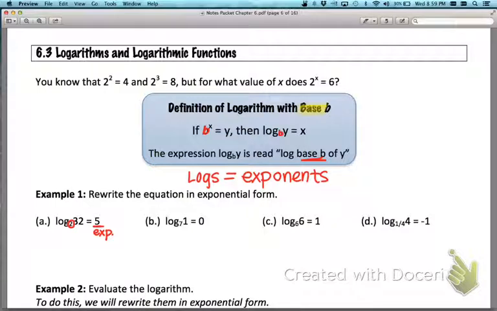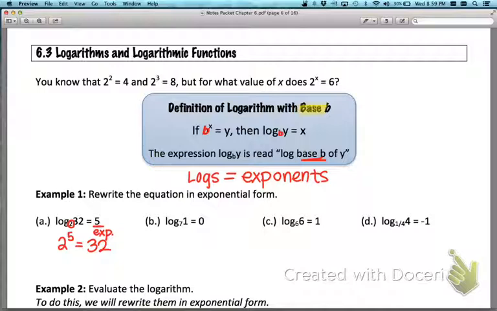So if we write this in exponential form, 2 is going to be the base, 5 is going to be the exponent, and the only thing I have left is 32. So you can check, does 2 to the 5th power equal 32? 2 times 2 times 2 times 2 times 2, it does. We get 32.